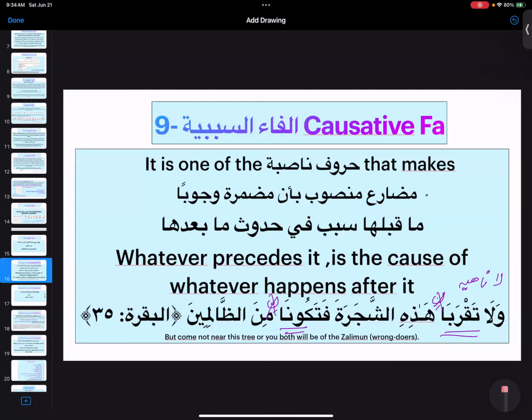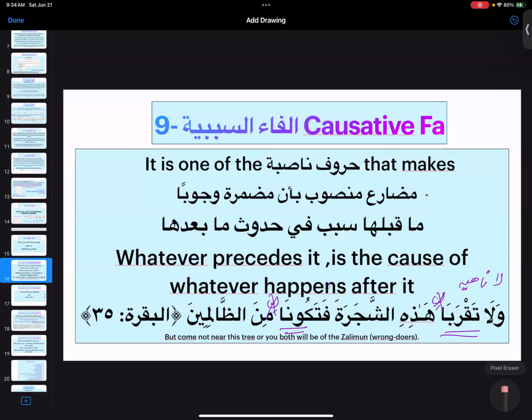So the way it is, one of the harful nasiba. So can we, like we said an, lan, li, kai, hatta, right? So fa is also one kind of harful nasiba, right? No, not fa. We are not saying fa. After fa there is an mudmara. So basically an is doing it. So this fa is not doing anything. There is an mudmara over here. Remember the story we did? An mudmara.